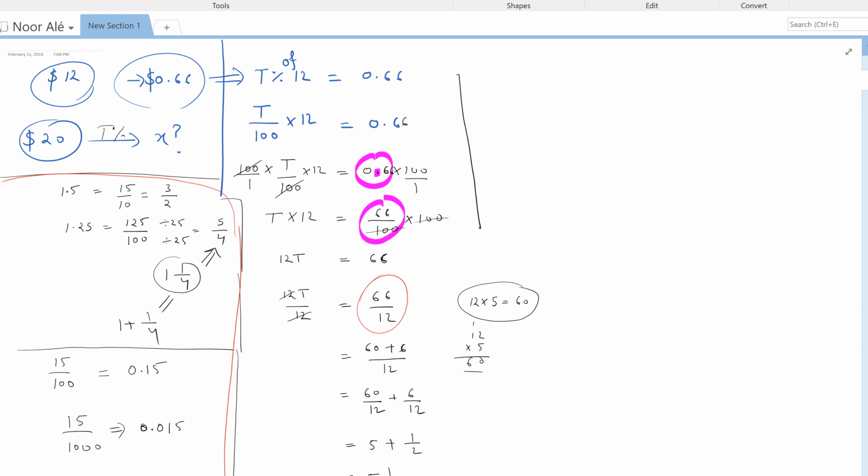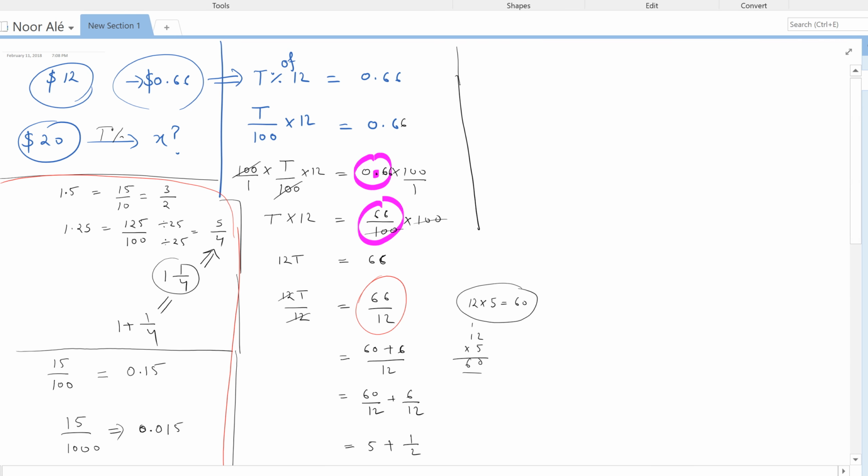And then I know that t percent is always t over 100 times 12, which is going to equal 0.78. Then I can see if I can reduce the 12 and the 100, so divide by 2. So you multiply by 100 on both sides.